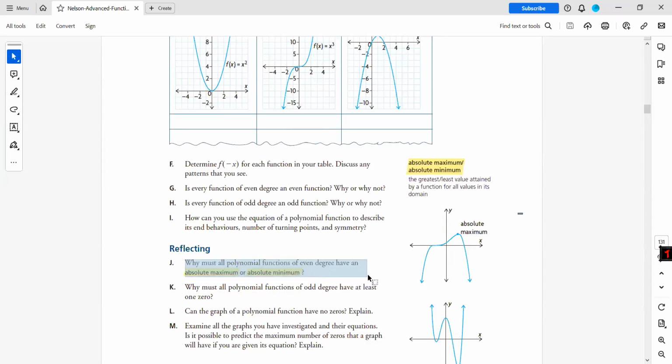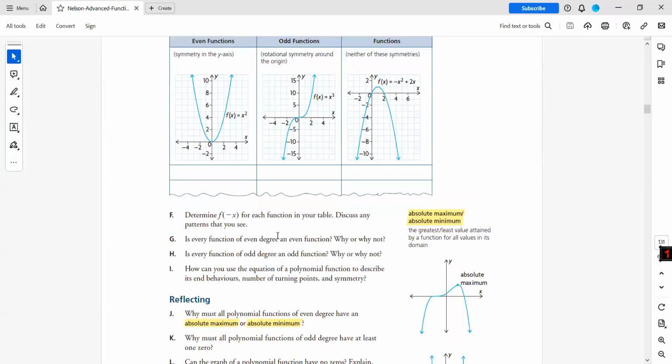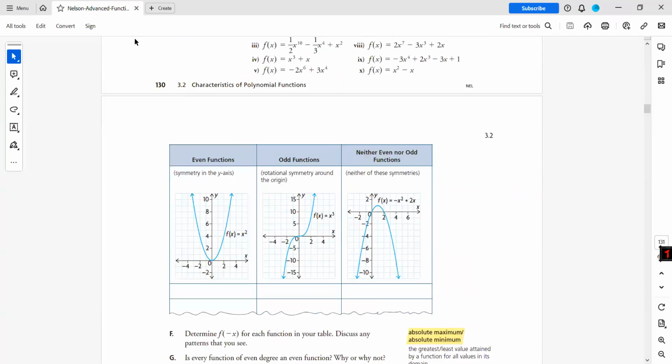reflecting. Why must all polynomial functions of even degree have an absolute maximum or absolute minimum? Because for an even degree polynomial function, we know that its end behavior is similar, right?